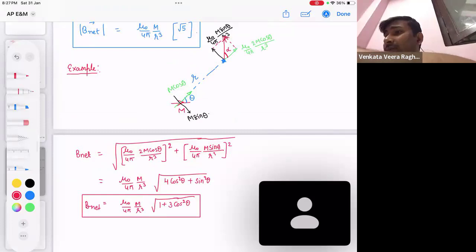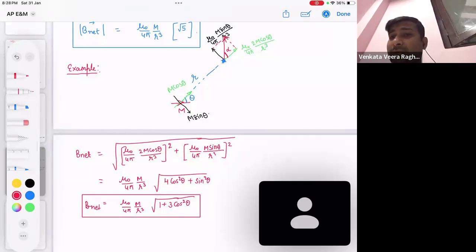See, if you put theta equal to 0, what kind of point will it become? An axial point. How much is the value coming?